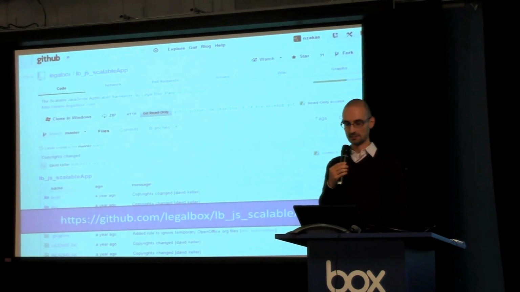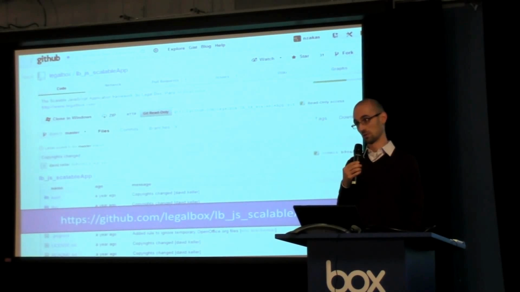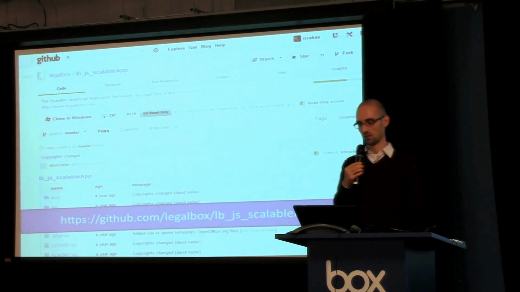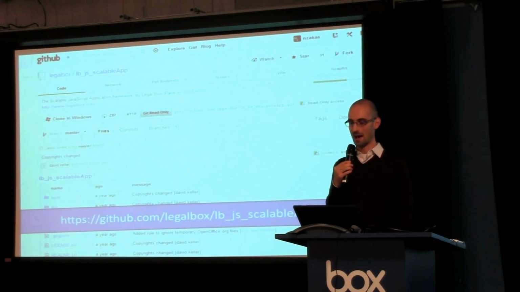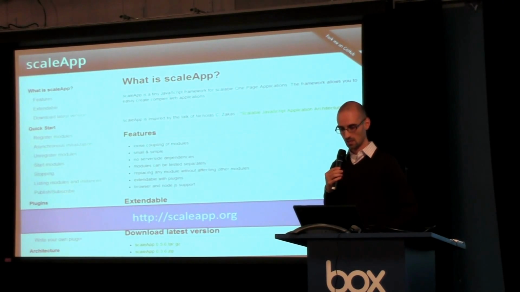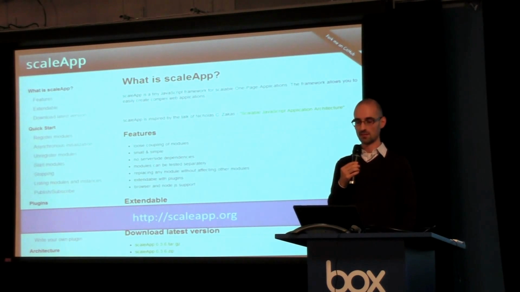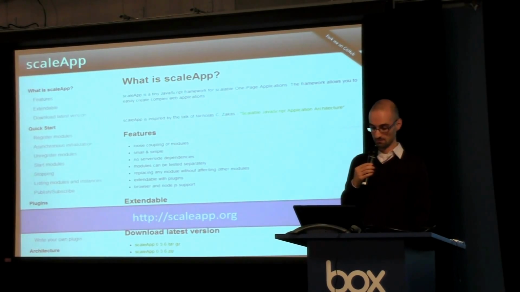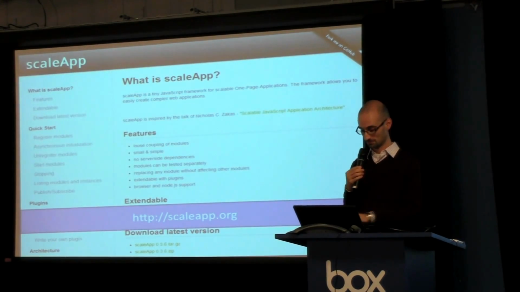So this company, LegalBox, no relation, open sourced something that they just called JS Scalable App, which is up on GitHub. Go check that out. And they created a nice landing page for it as well, which gives you some quick start and other information about it.